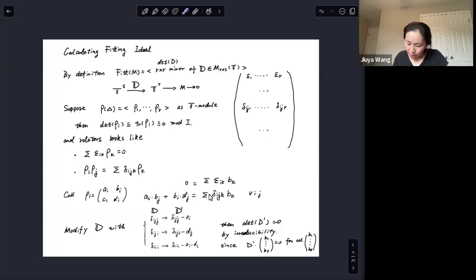Rewriting this in matrix format, you will see that all the submatrices satisfy d prime times b1 through br equals 0.